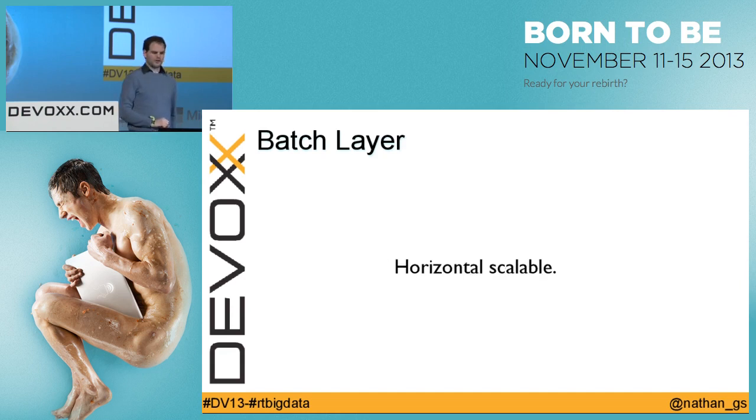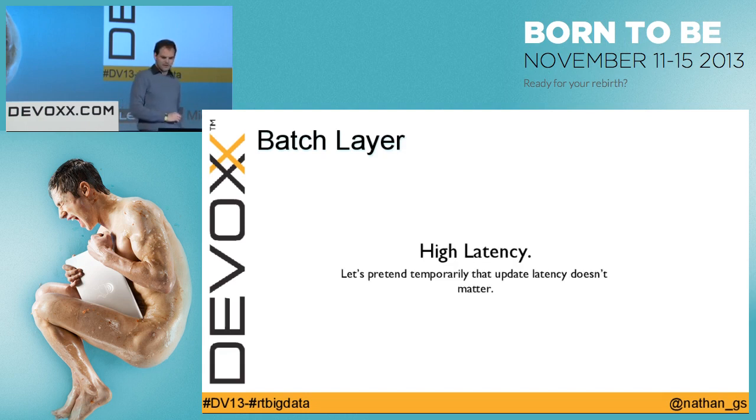It's probably going to need to be horizontally scalable, because if you're going to store every event that's ever been generated, you need to have a clear upgrade path, because you will have more and more events. And the batch layer is, of course, high latency. The queries that we run on top of the batch layer will take a lot of time, but let's pretend that it doesn't really matter at the moment.